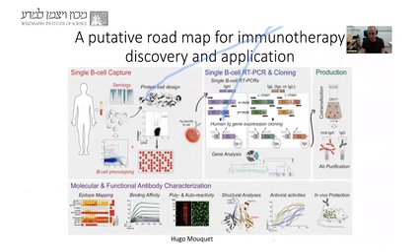Now, the roadmap for isolating such antibodies is well known. It's a bit complex. I'm not going to go through all the different steps here. But this is something that was developed in recent years. There are different groups and different pharma companies that know how to do that.